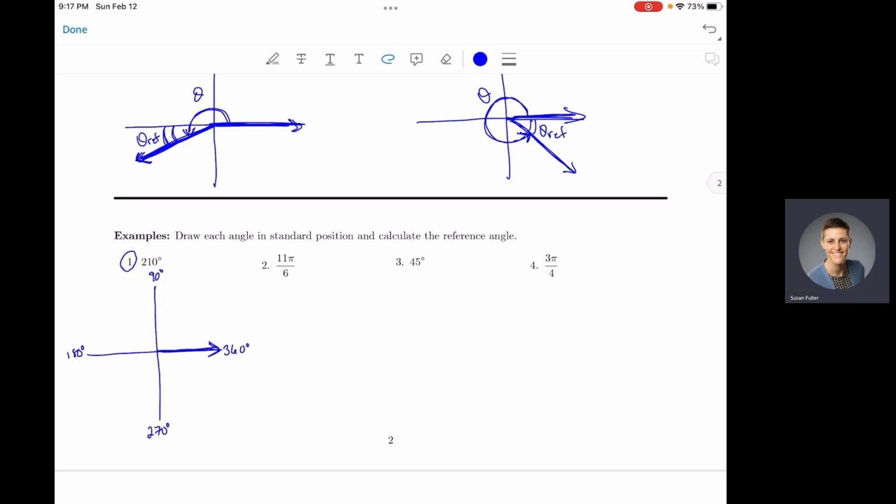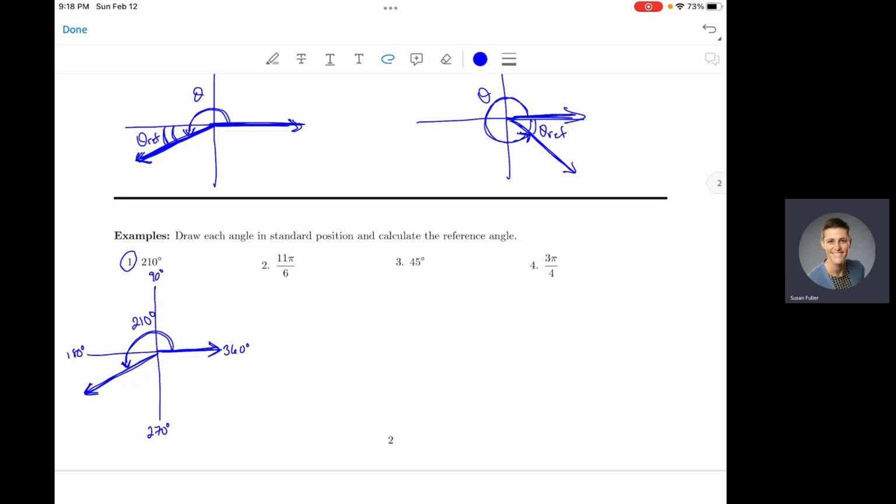So 210 is between 180 and 270. That means my angle theta rotates all the way through quadrants 1 and 2, and goes a little bit into quadrant 3. Here is 210 degrees. That's my angle theta.